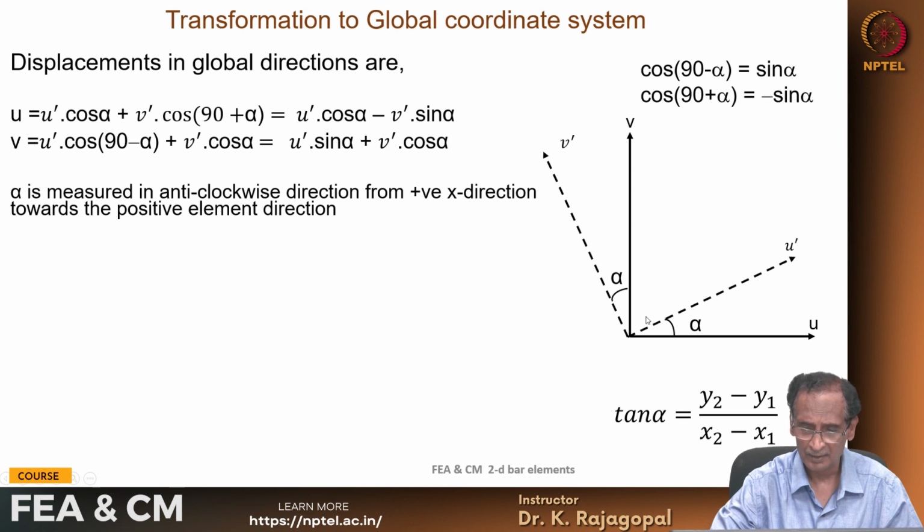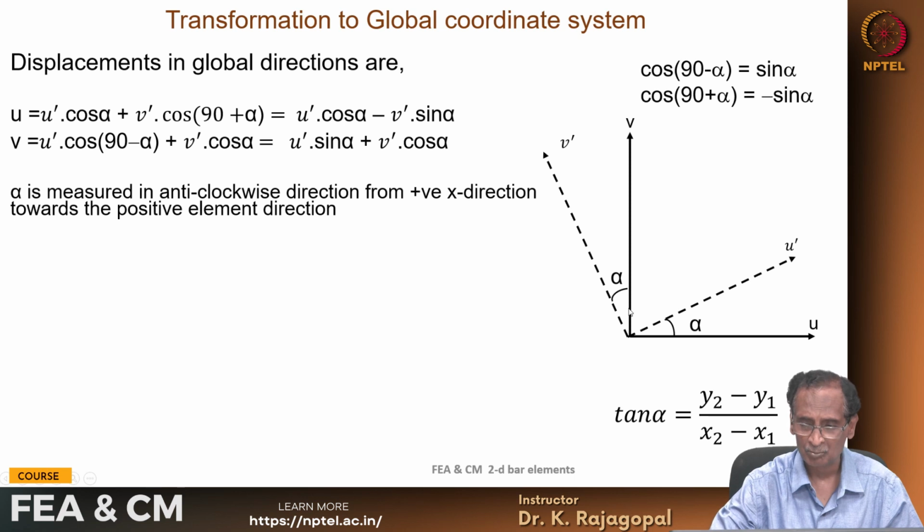It is actually easier in terms of the cosines, and from trigonometry we know that cosine of 90 minus alpha is sine alpha, cosine of 90 plus alpha is minus sine alpha. So if you apply that, u is u prime cosine alpha minus v prime sine alpha, and v is u prime times cosine of 90 minus alpha plus v prime times cosine alpha, right?